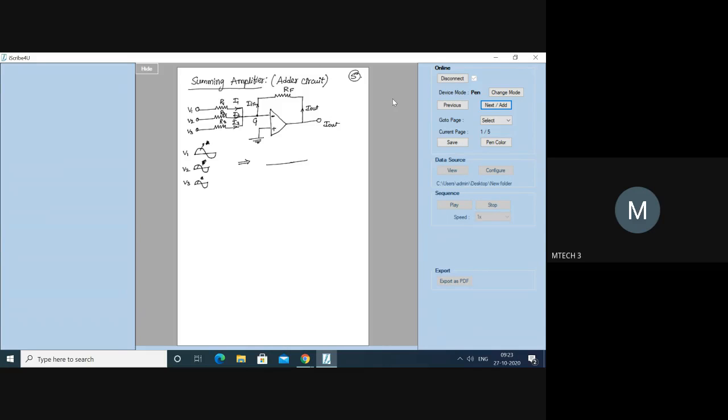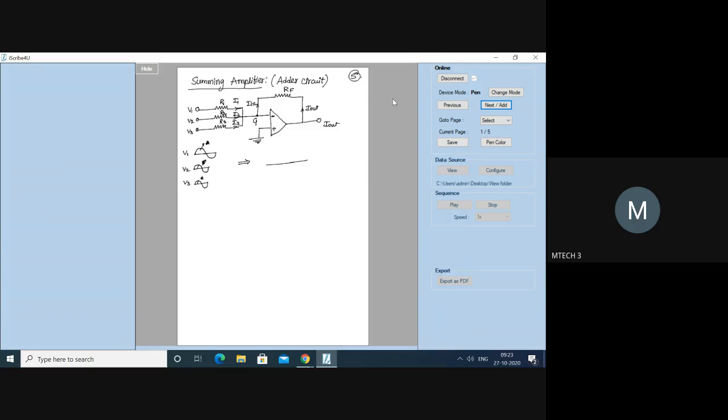What is this circuit, inverting or non-inverting amplifier? Inverting. What is the concept of an inverting amplifier? What is going to happen to the output? It is 180 degrees out of phase. Is it going to amplify or stay as it is? Amplify.